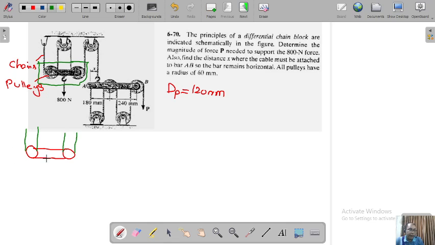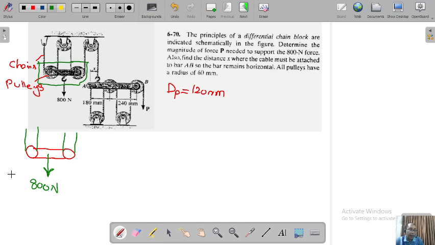And the weight acting here is 800 Newton. This is one system. The chain goes along the pulleys from here till here, and whatever tension is here, the same will be here, the same here, and the same here, okay.